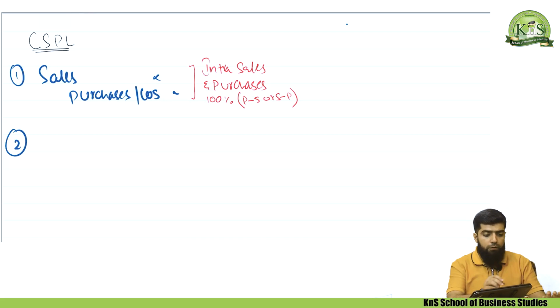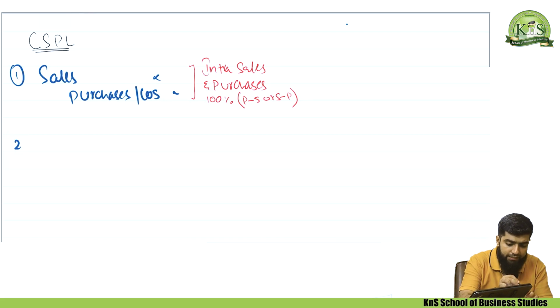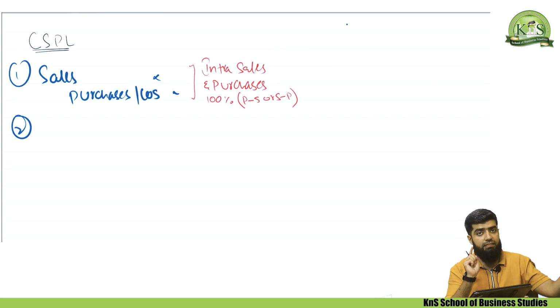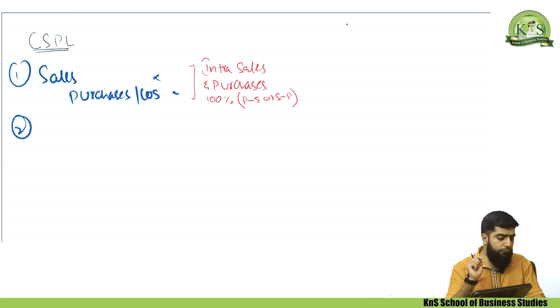But now there will be another problem that arises because of these intra sales and intra purchases, and that is the unrealized profit, URP. Unrealized profit will also be eliminated, as we did in the consolidated statement of financial position. We have to eliminate the unrealized profit from the consolidated P&L.